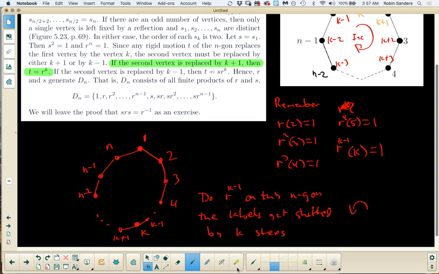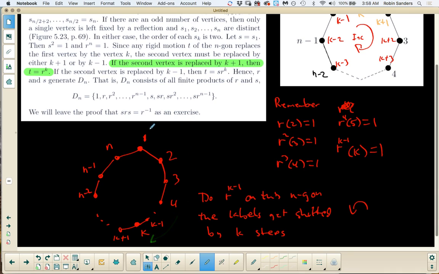Now, what I want to realize is that k steps goes the same in both directions in the sense of counting. And if I go the wrong direction, this would be 1 step, 2 steps, 3 steps, all the way down to, well, let's see, this is k minus 1 steps.